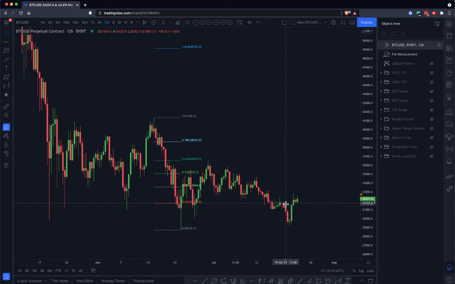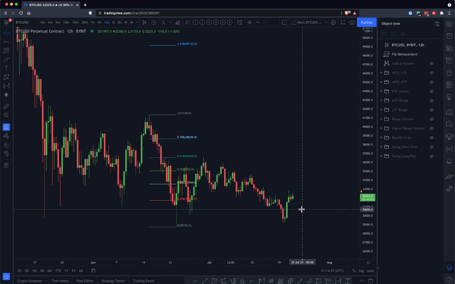We are still in a phase where the market structure hasn't changed, so you have to keep that in mind. This is a very early phase, but when you analyze things early, it gives you the potential. You have the heads up, you have the plan, you have everything ready, and then when your setup comes and you see everything is based on the plan, you can enter very quickly.